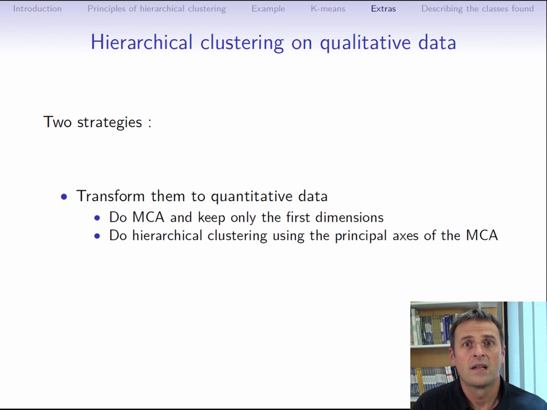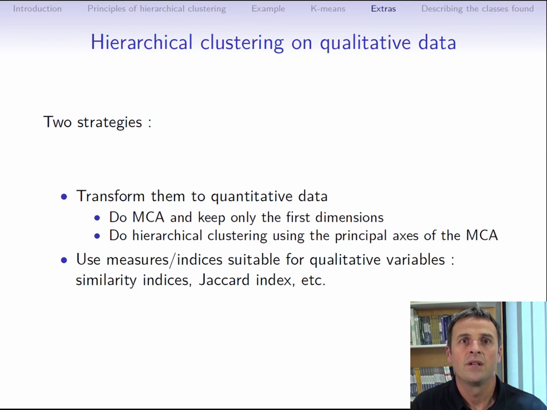These coordinates are indeed quantitative variables. We can keep the first few MCA principal components, or even all of them. Once we have rebuilt our table with individuals as rows and quantitative variables as columns, we can run one of our clustering algorithms as before.